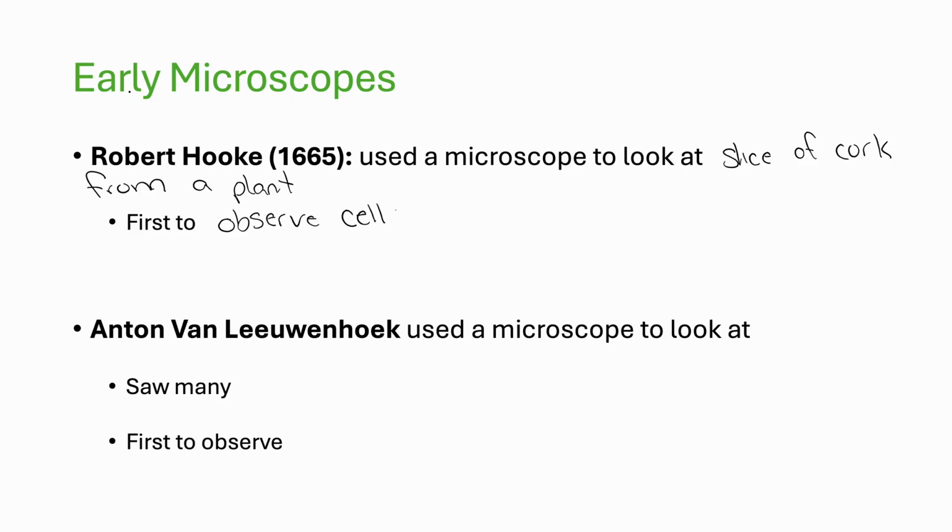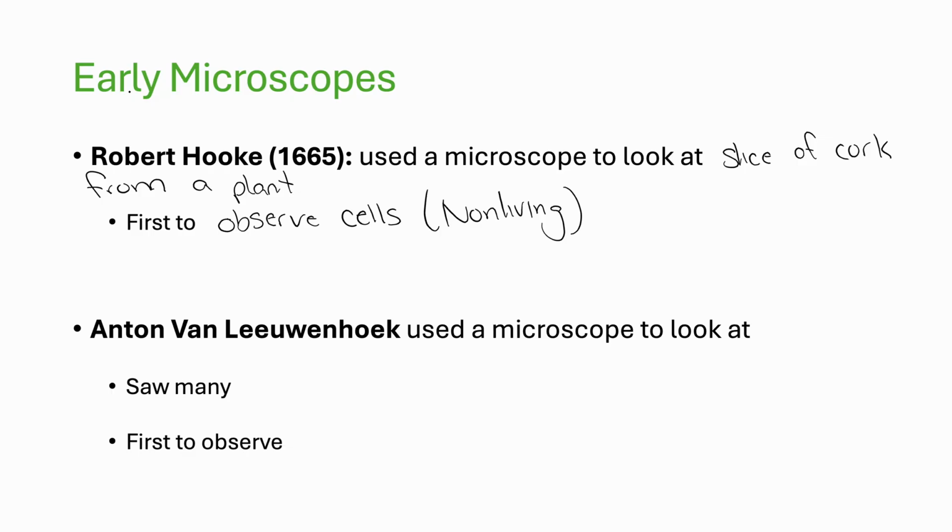He was looking at dead plant cells and their outside covering, which is called a cell wall. This is kind of how the term cell got developed, because a plant cell kind of looks like the prison cells, or the cells of monks in a monastery, is what he referred to.